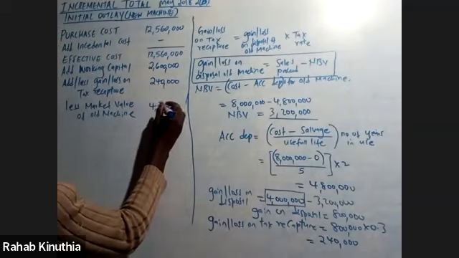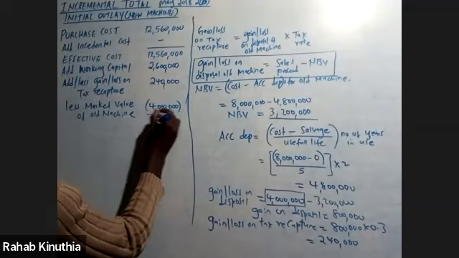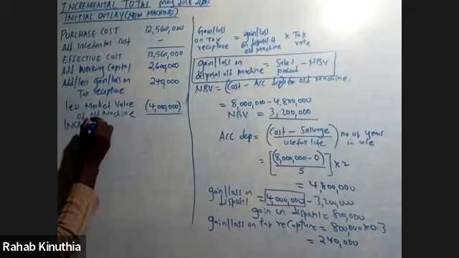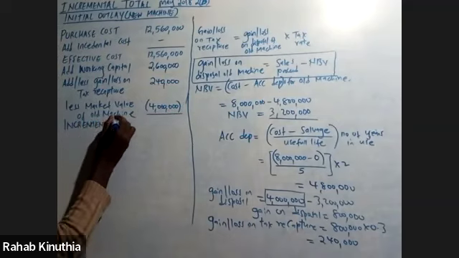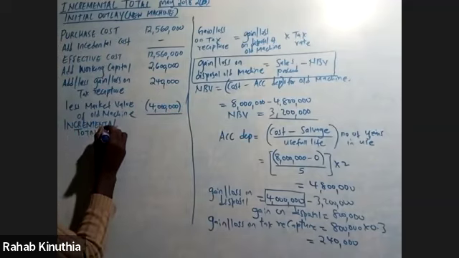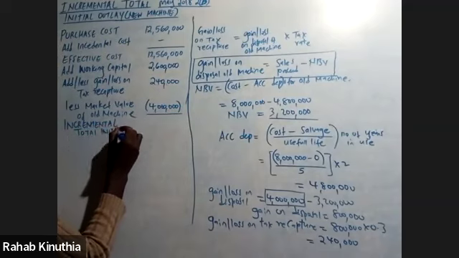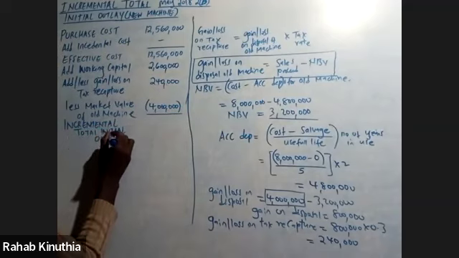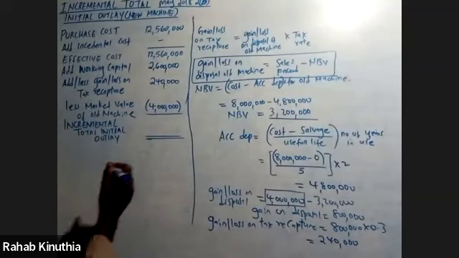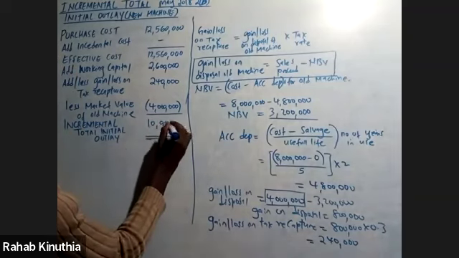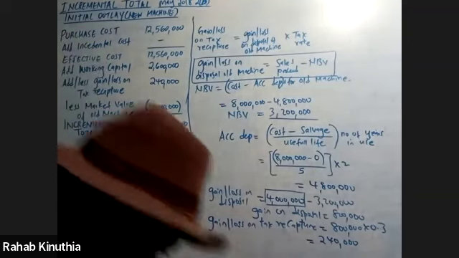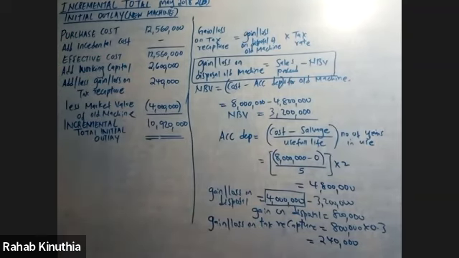So we less this one, and we shall get the incremental total initial outlay. So how much is that? According to my calculation, 10,920,000. So that's number A.